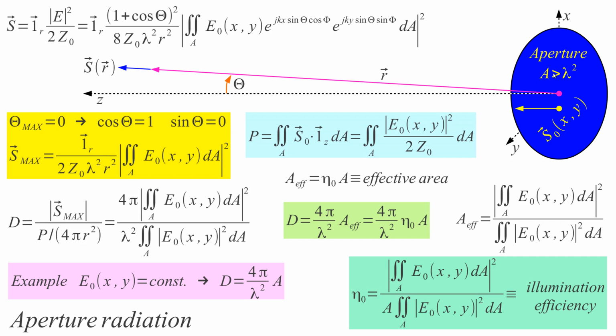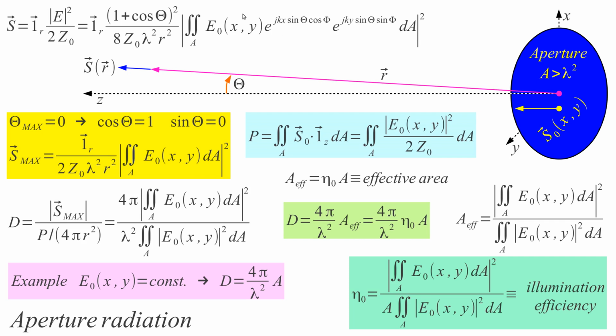For the Huygens sources, I can calculate the whole power radiated from such an antenna by integrating all the sources and considering also the distances, the phase shifts. Of course, phase shifts are important at large distances of all these Huygens sources that themselves have a radiation pattern of 1 plus cosine theta squared, because we are looking at power here.